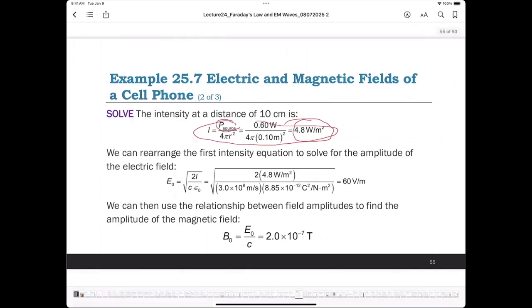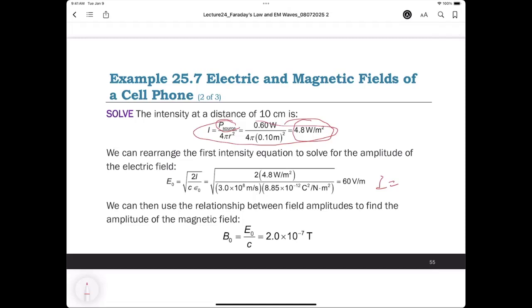We can use I equals half C ε0 E0 squared, and then we use this equation to calculate the amplitude of the electric field.